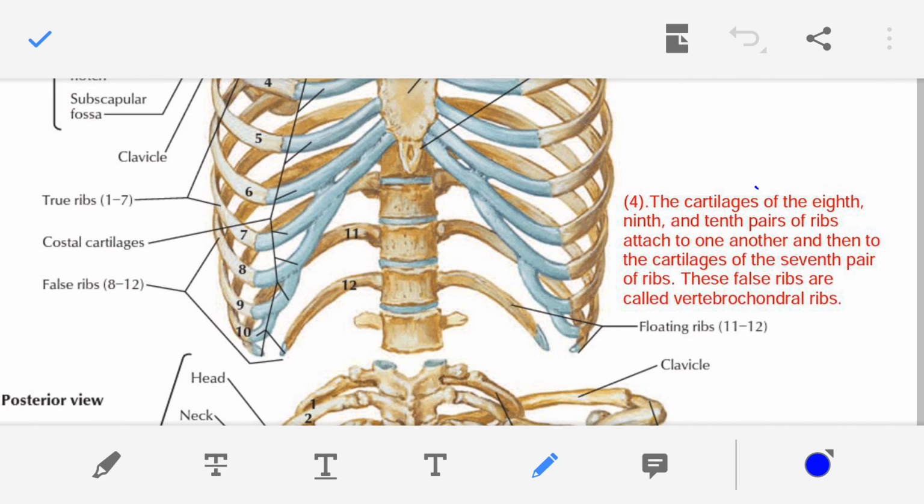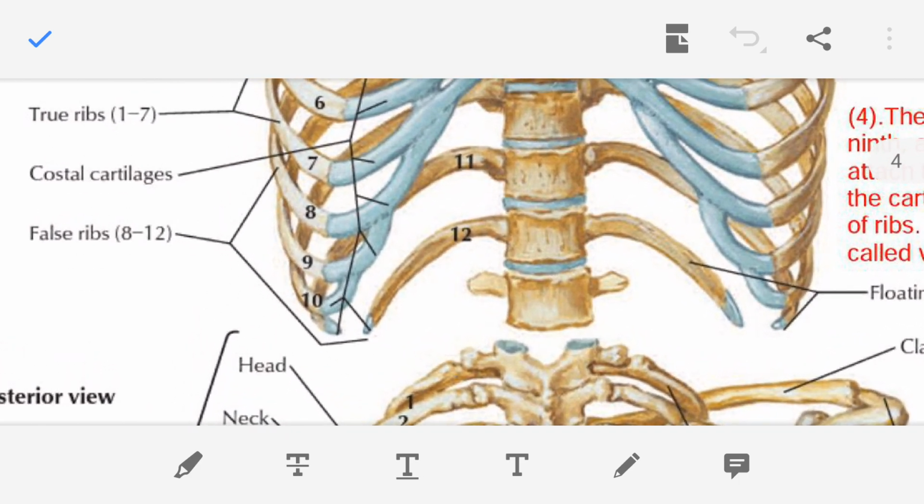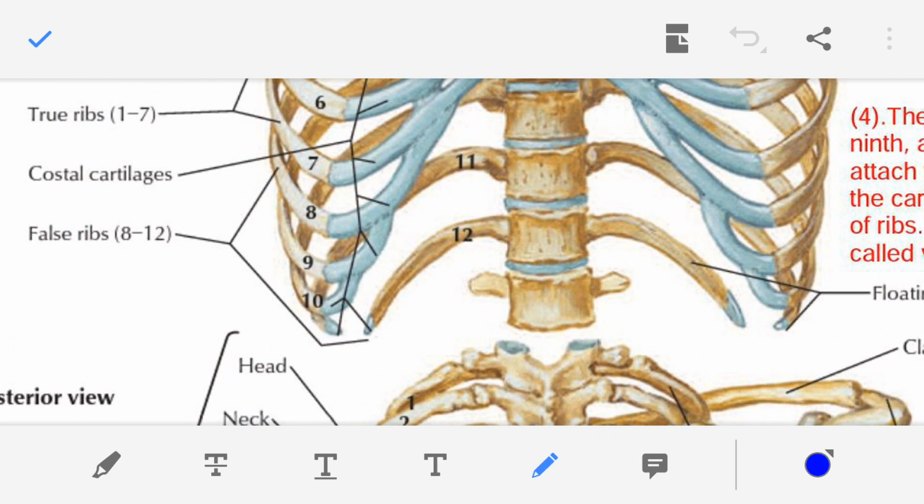Now the cartilages of the 8th, 9th and 10th pair of ribs attach to one another, and then to the cartilages of the 7th pair of ribs. So here, this is the cartilage of the 8th rib.